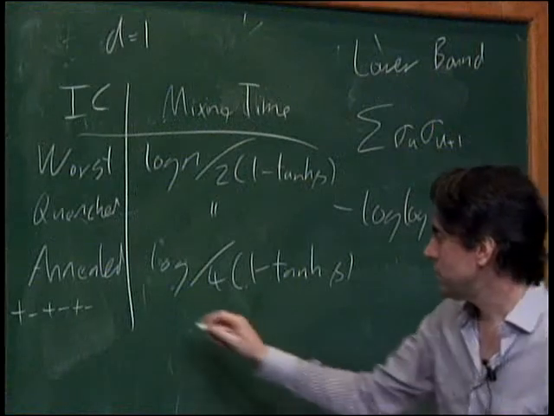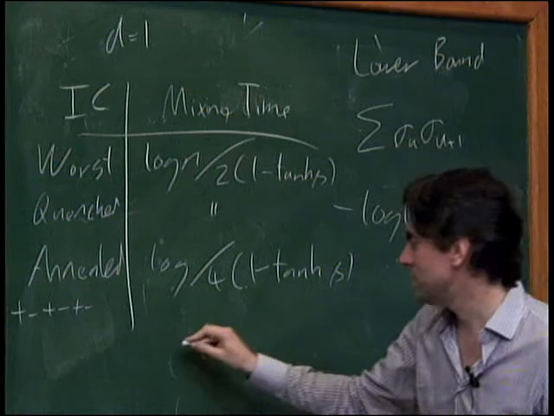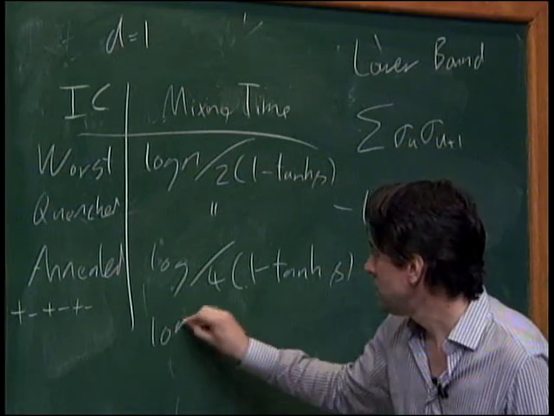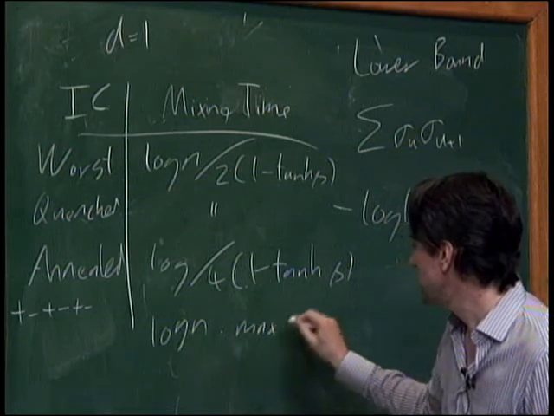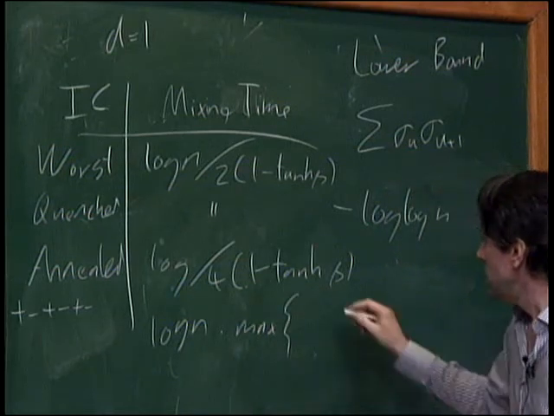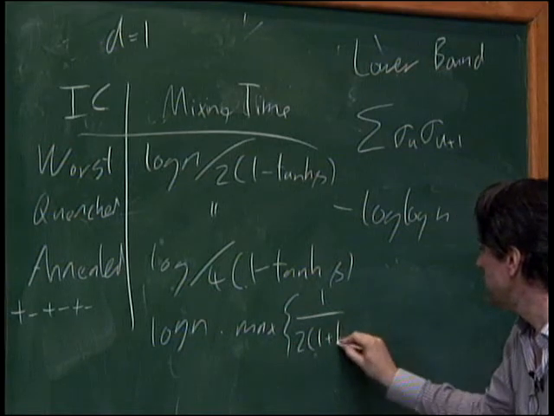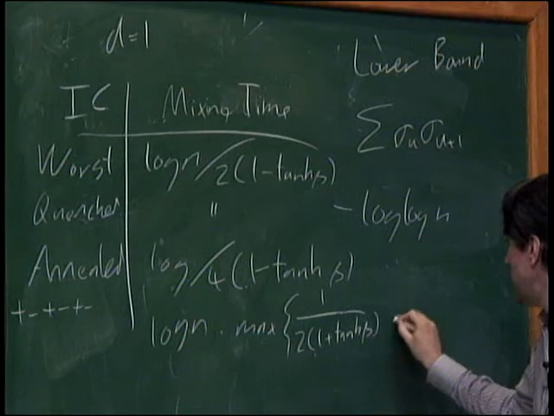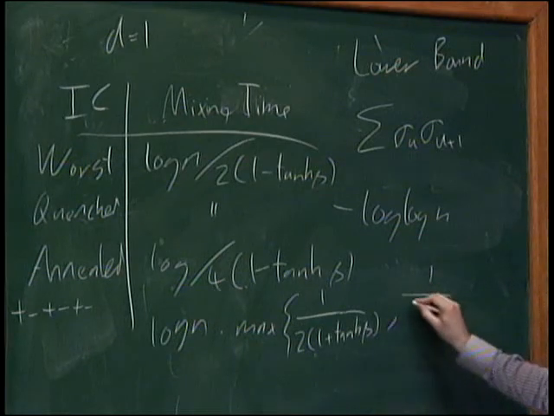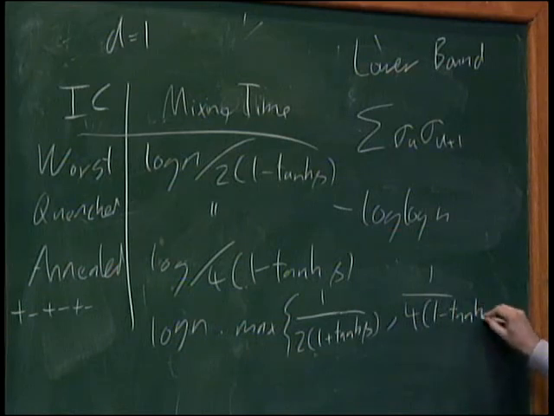And for this one the formula actually has a phase transition. You get log n times the maximum of 1 on 2, 1 plus tangent beta, and the annealed one, 1 on 4, 1 minus tangent beta.